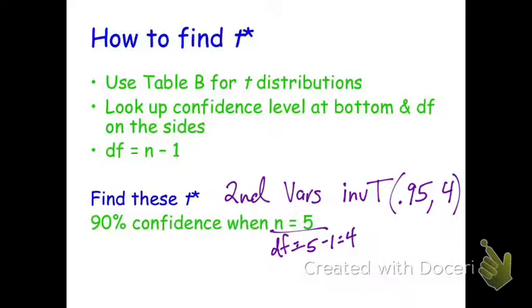Instead of doing 0 and 1 like before, you'll put in your degrees of freedom. Our sample size is 5, degrees of freedom is 4.